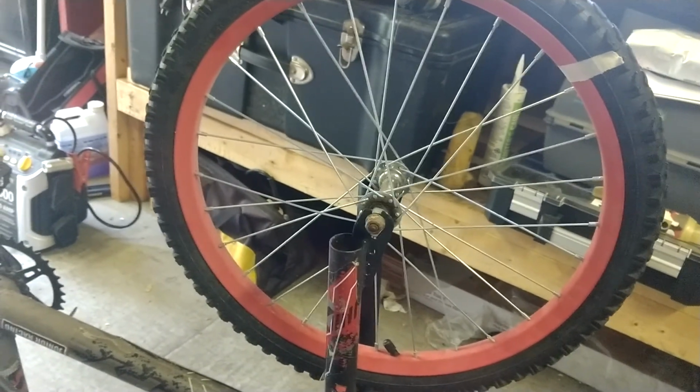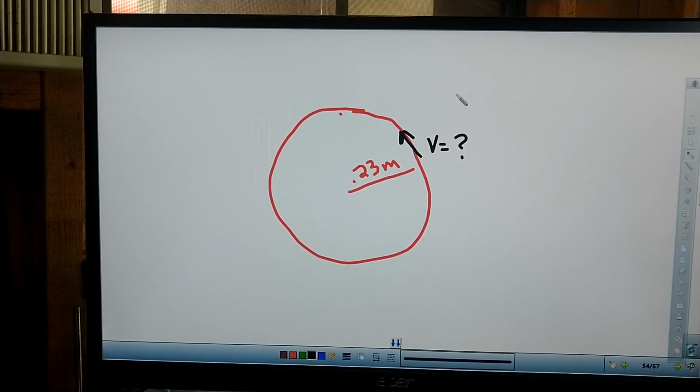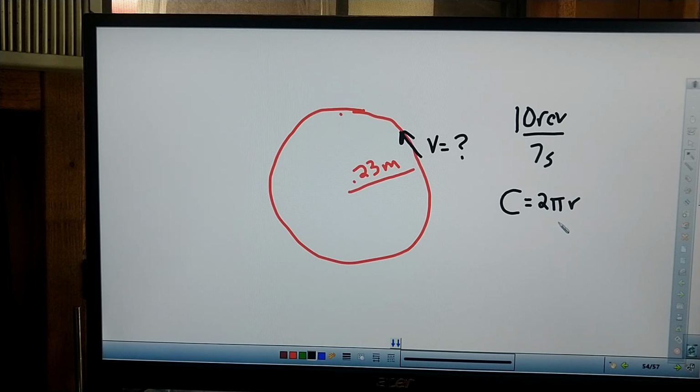I'm going to give you a hint. Here's a little picture of the wheel. I'm telling you that this wheel makes 10 revolutions in 7 seconds. First you're going to need to use C equals 2 pi r as the distance that the piece of tape travels.